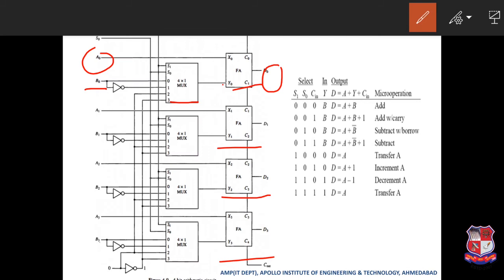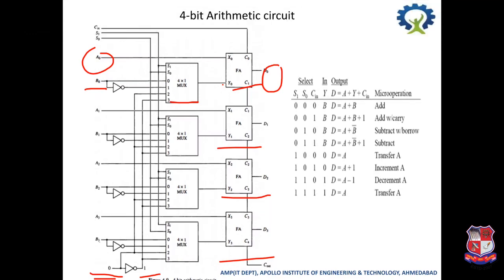In the second input line, 0 is connected, and 1 is connected to the third input line of the multiplexer. Now S0 and S1 selection lines are connected to the multiplexer to select the input from A and B.